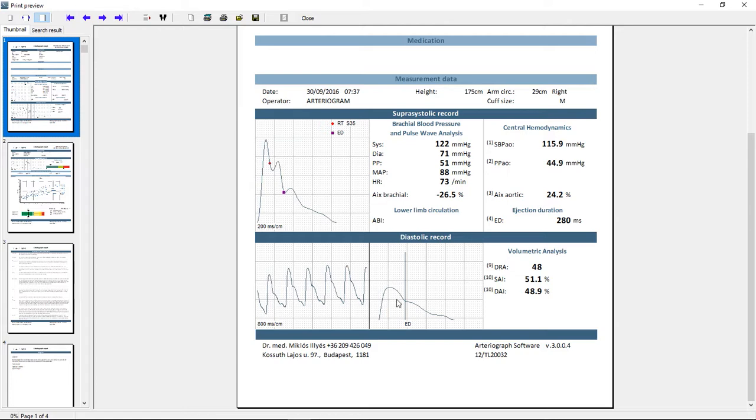Please notice that here you can see only one wave in the systole. You cannot distinguish the first and second systolic wave. This is due to the fact that with suprasystolic pressure, when we completely occlude the brachial artery, we can obtain only pure pressure signals, and then the waves are separated.